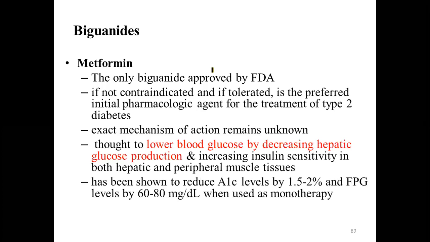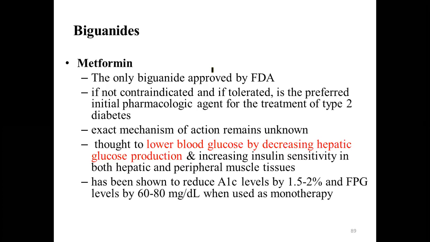Remember, metformin, if there is no contraindication and if it is tolerated, is the preferred initial pharmacological agent as monotherapy as well as combination therapy for almost all type 2 diabetic patients.